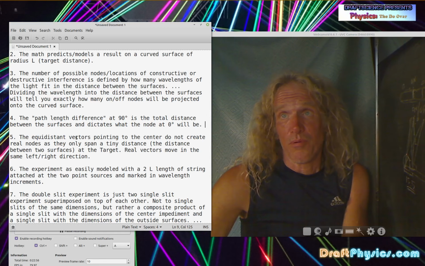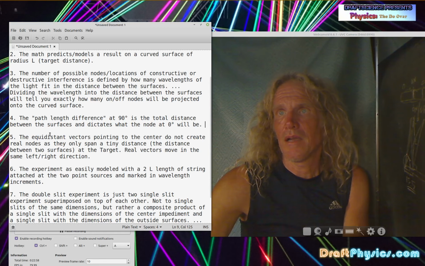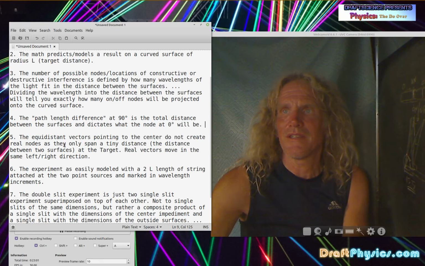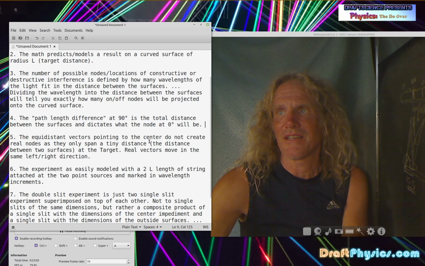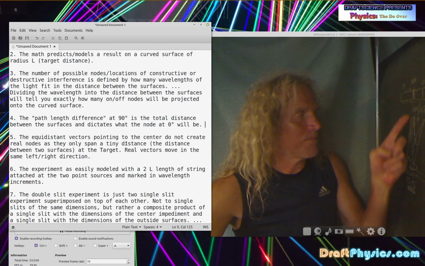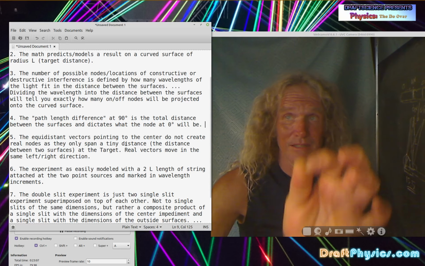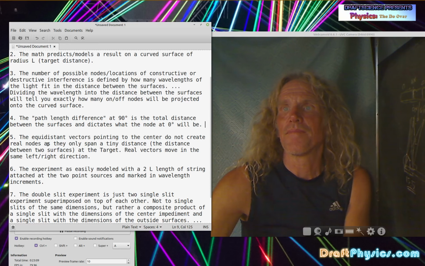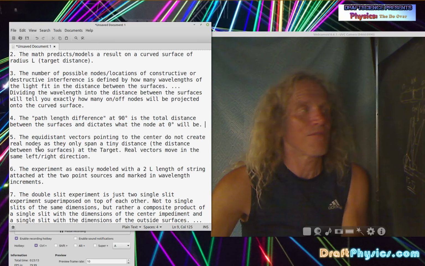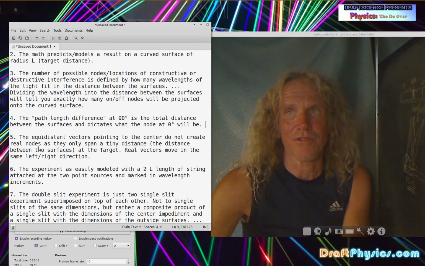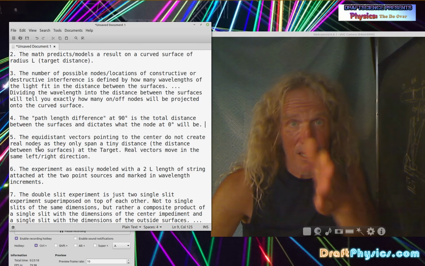It's sort of an important point. Anyway, the equidistant vectors pointing to the center, the ones I'm talking about inside of that tiny space, do not create real nodes. They obviously can't create a node that might be 5 centimeters across. They're inside of 1 millimeter.